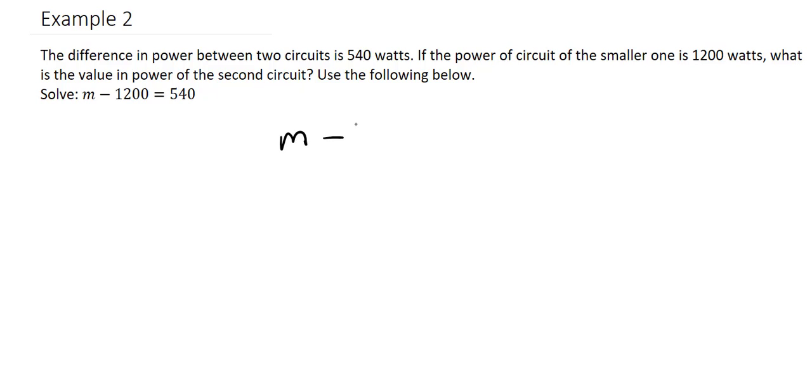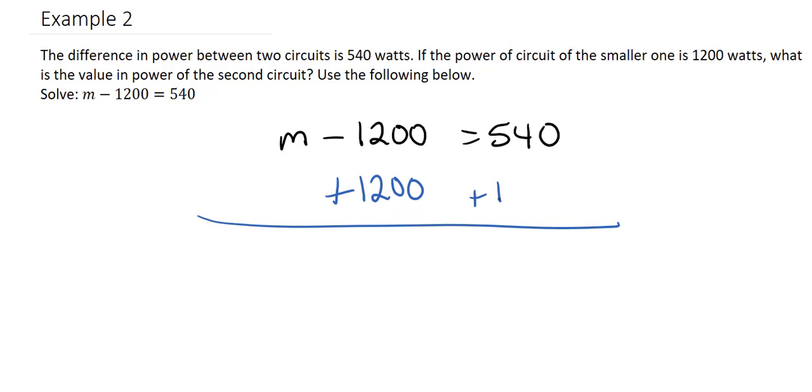In order to solve this, we need to add 1,200 on both sides, because we always have to do the same thing to the other side. The reason we do this is to get the variable by itself on the left-hand side, because negative 1,200 plus 1,200 is equal to 0.